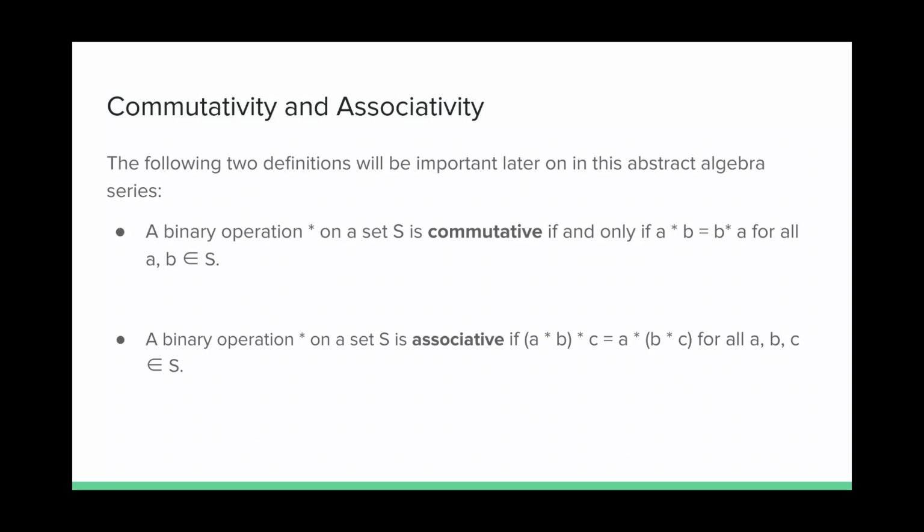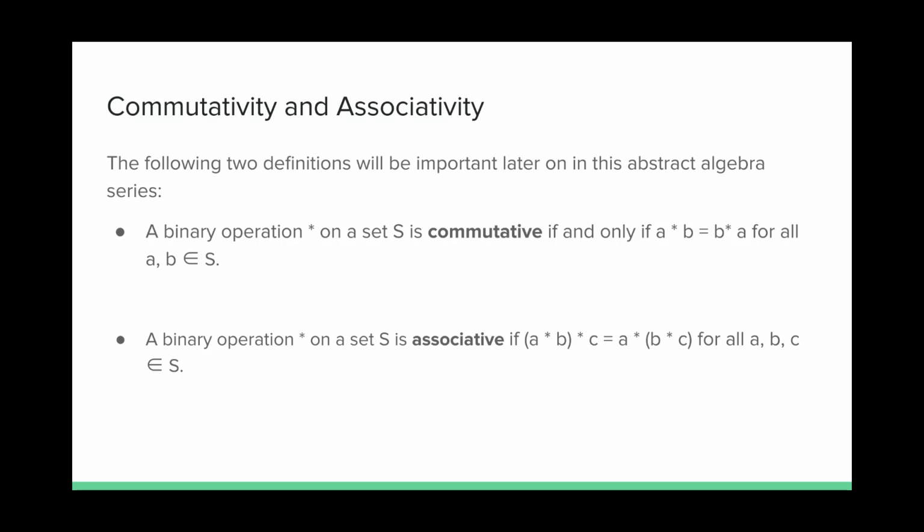The next two things will be important later in the series. They're quite good definitions. So we have commutative and associative binary operations. A binary operation star on a set S is commutative if and only if a star b is the same as b star a for all a and b in the set. This kind of relates to the symmetric property that we saw in equivalence relations: if it works one way and it works the other, then it's commutative.